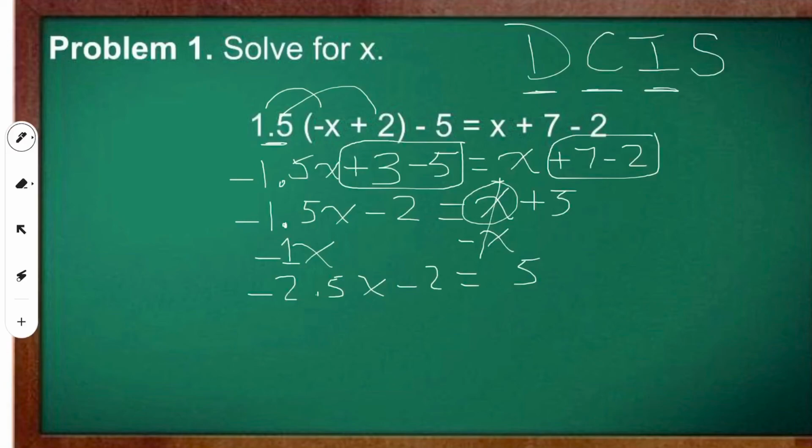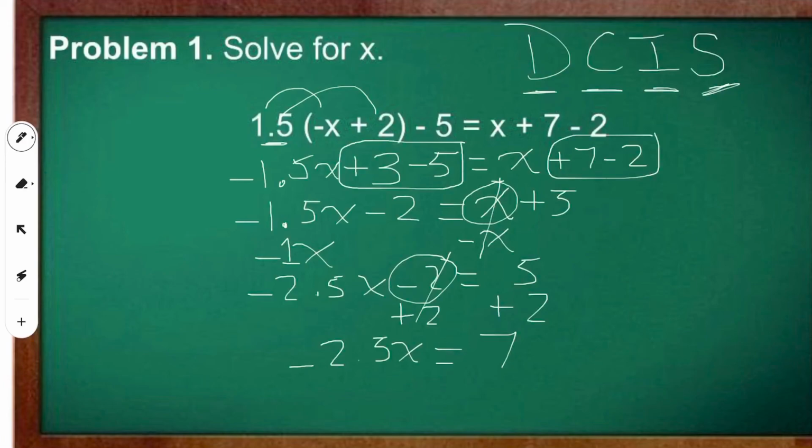Now again, our goal was to have our variable terms on the opposite sides of our constants. So I'm going to take this negative 2 and bring it to the other side. Since this is subtracting 2, the inverse operation will be adding 2. So I add 2 on both sides, bring down my negative 2.5x. And then 5 plus 2 gives me positive 7. I'm done with inverse operations, so I move on to solve.